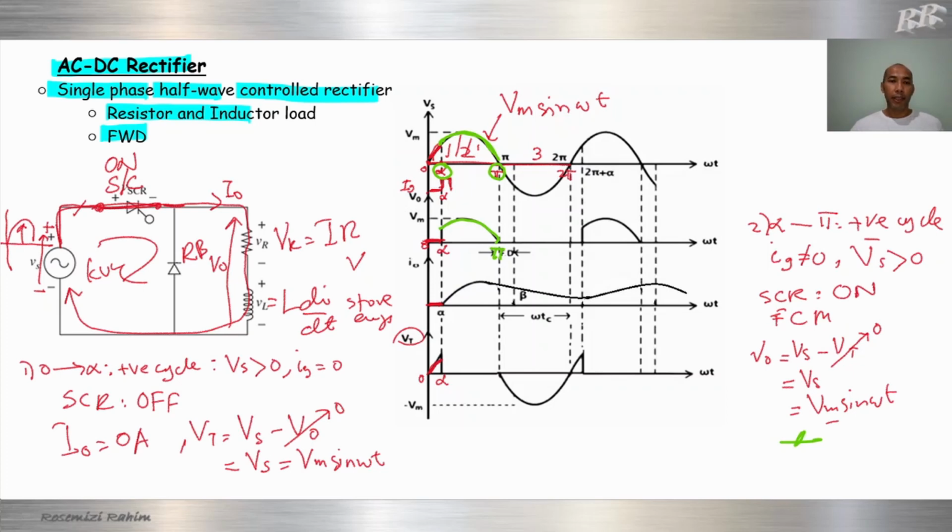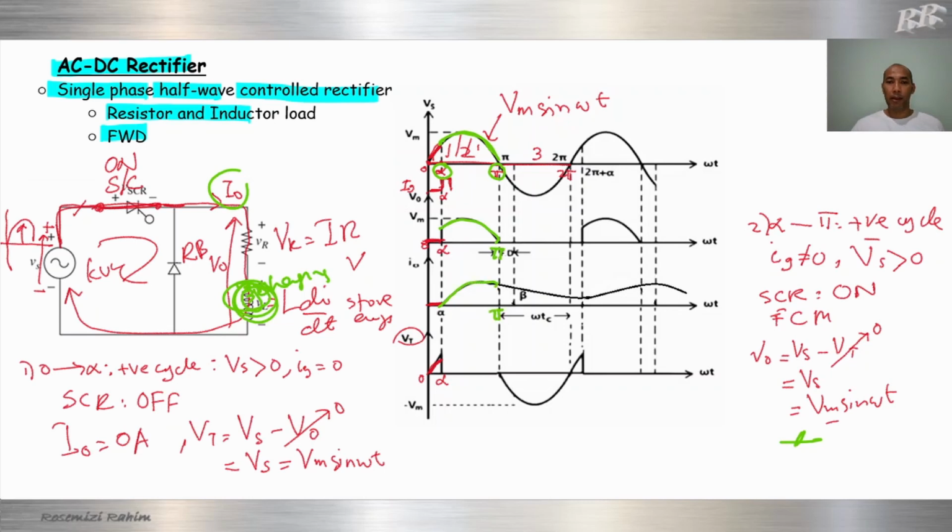For current, we know that the inductor will be charging here, because current enters the inductor, from alpha to pi.